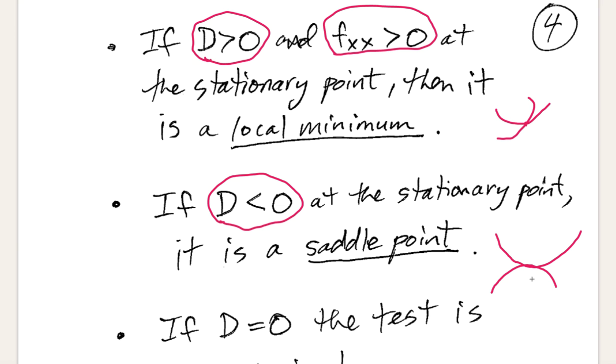So the surface looks something like that at your stationary point. That's a saddle point, like a Pringle potato chip if you hold it. In one direction it's concave up, in the other direction it's concave down.